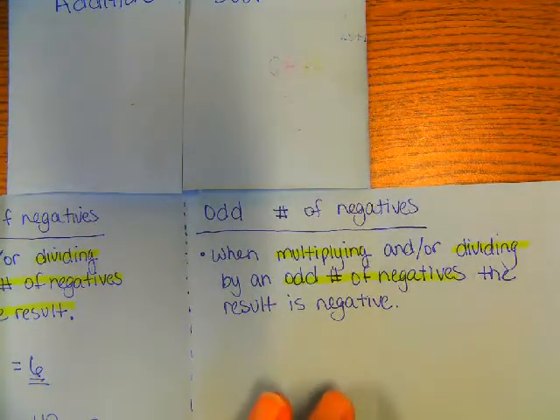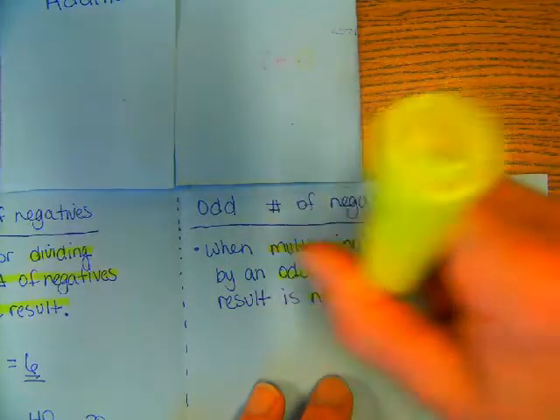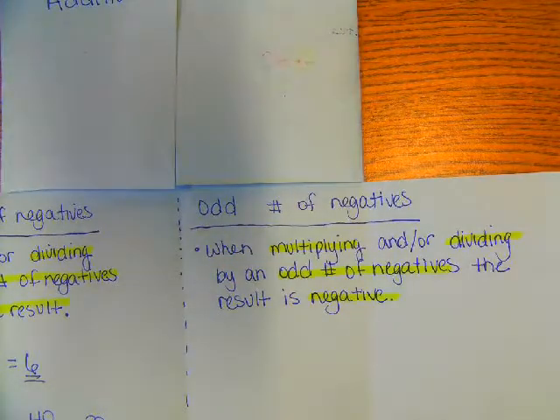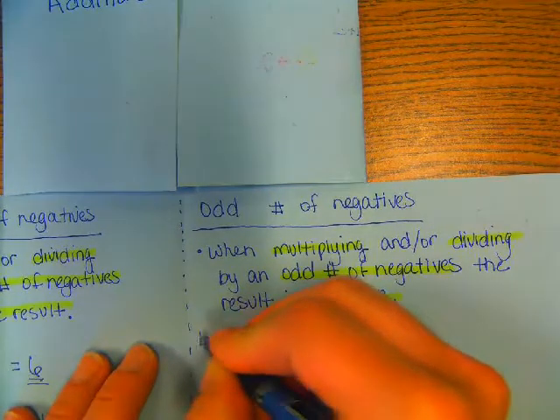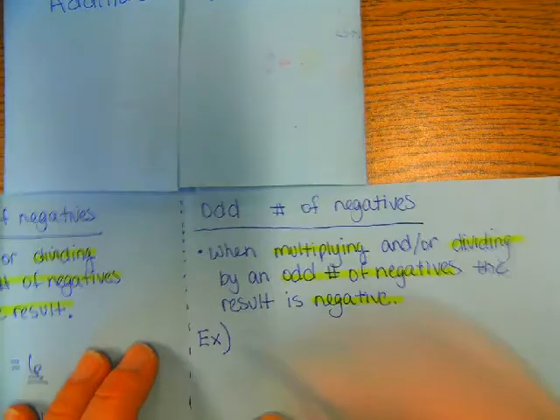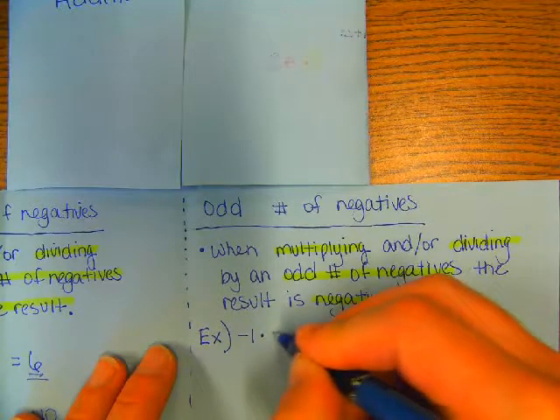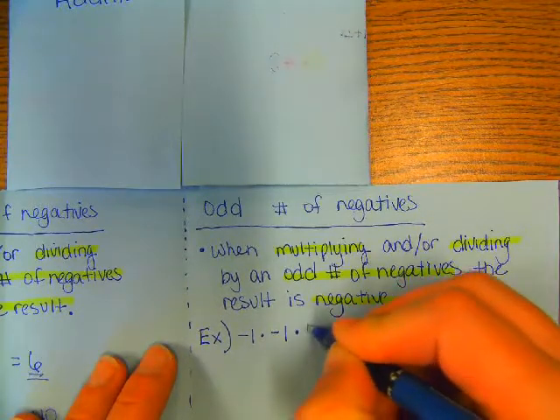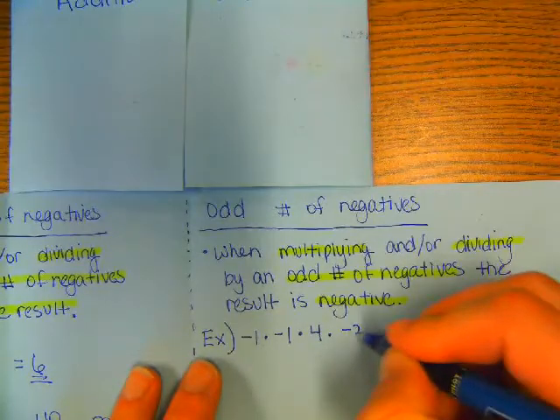So we're counting them up, and if we see an odd number of negative numbers, then the result is negative. So let's try negative 1 times negative 1 times 4 times a negative 3.